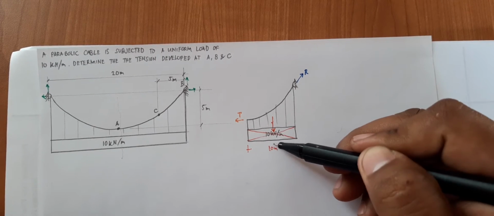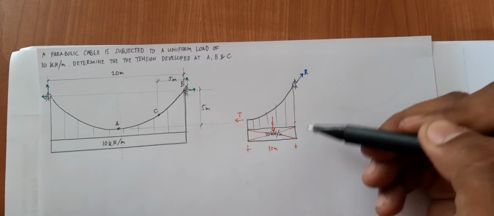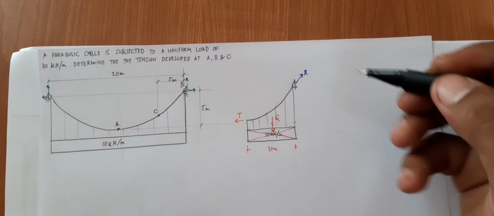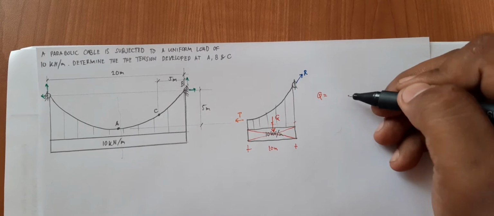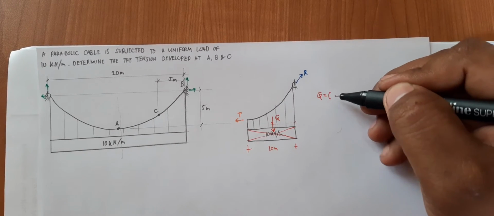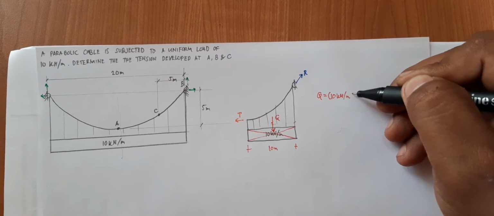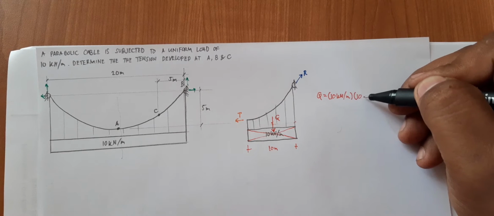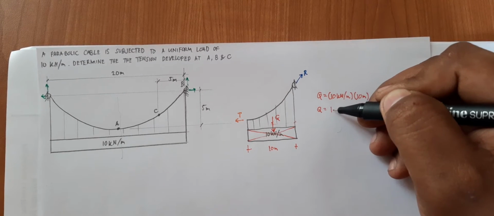So for the span of 10 meters, it would be 5 meters with respect to this particular edge. Let's denote this one as Q. Q is equal to your uniform load, 10 kilonewton per meter, multiplied by your width, 10 meters, so Q is equal to 100 kilonewtons.